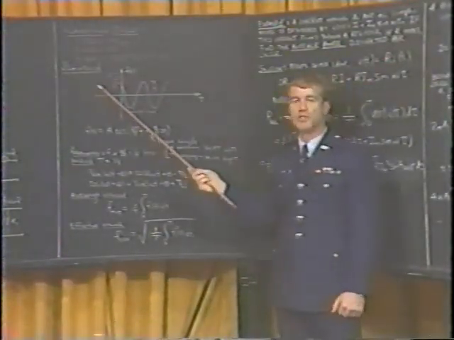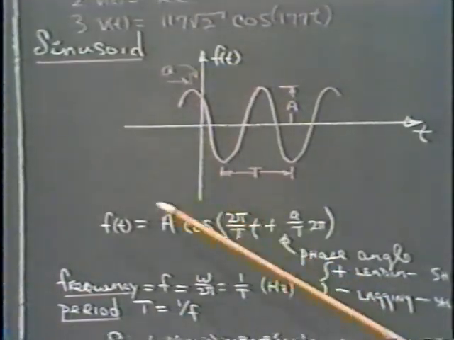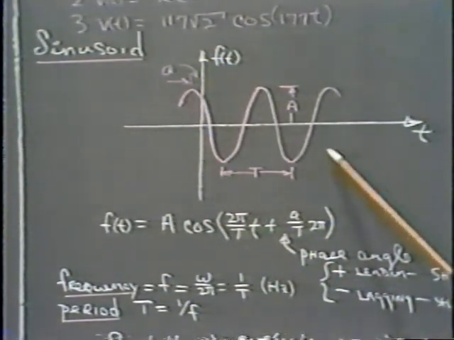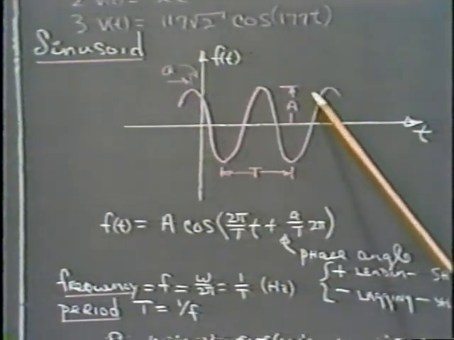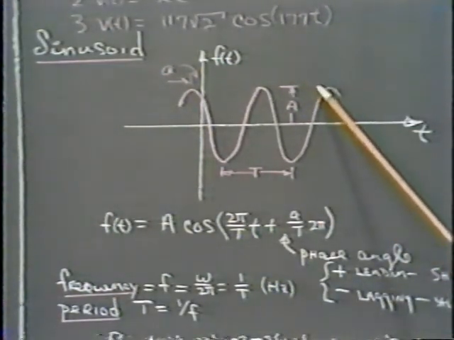This is a picture of what a sinusoidal signal looks like. You see, to specify a sinusoidal signal, we must define 3 quantities. The first is its height from the 0 level up to its peak value. It's termed its amplitude.